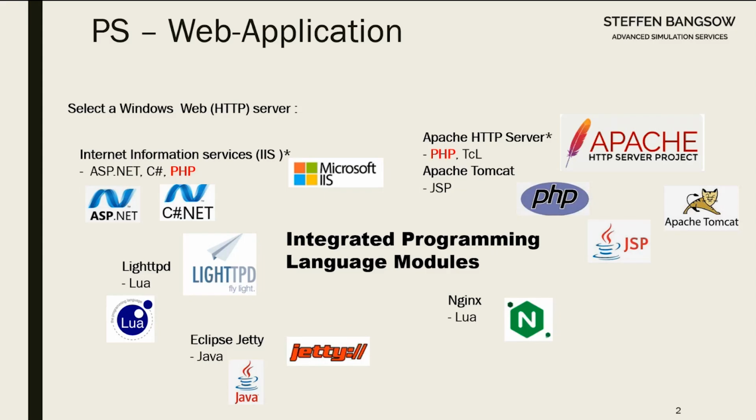If you have already installed the server from Microsoft, then normally you will be able to install the Internet Information Services, and PHP is one of the pre-installed integrated programming languages. The same is true for Apache. With Apache, PHP has been the main integrated programming language for decades.